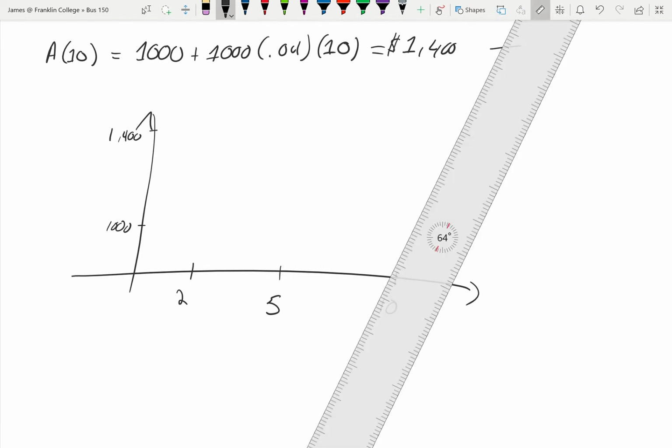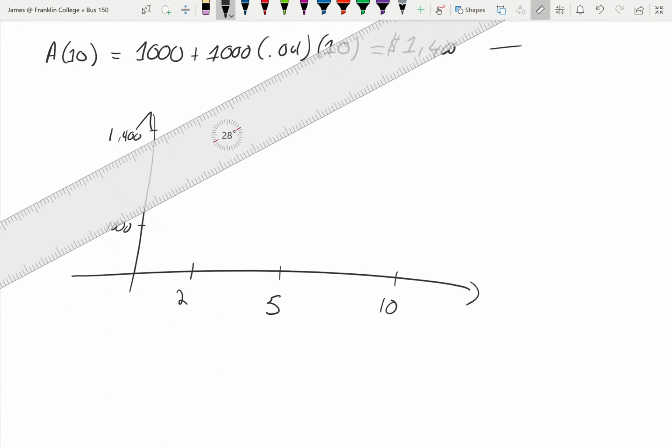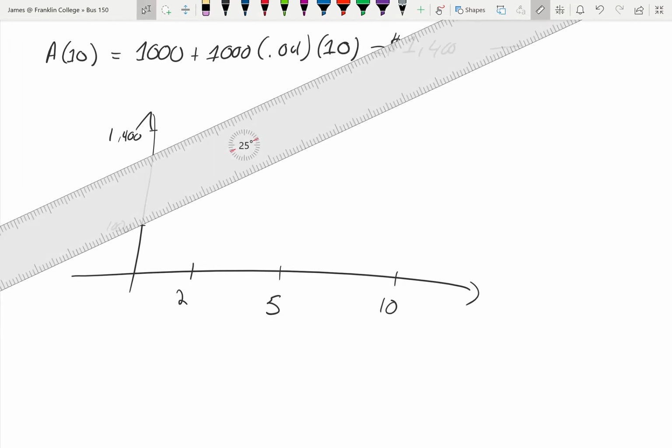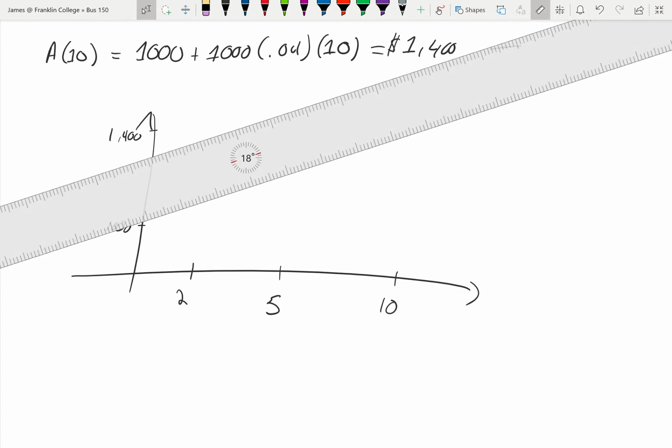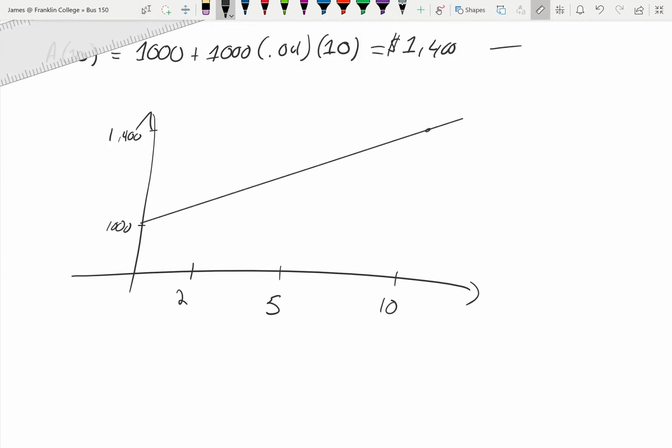And I'm going to bust out this ruler to prove a nice point. This account is going to accrue interest at a linear rate. So at time 2, we're going to have $1,080. At time 5, we're going to have $1,200.